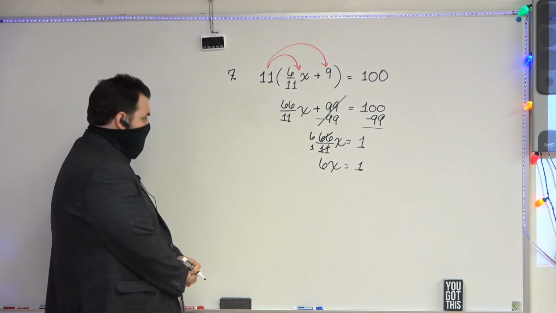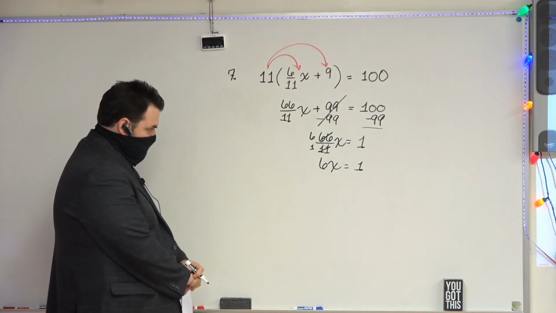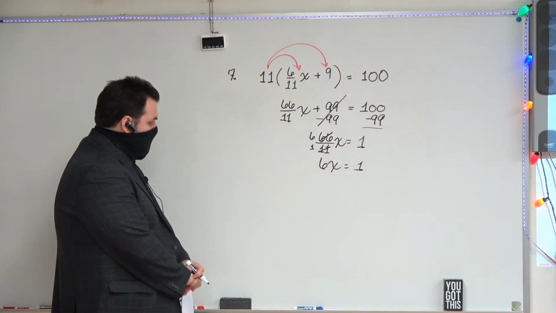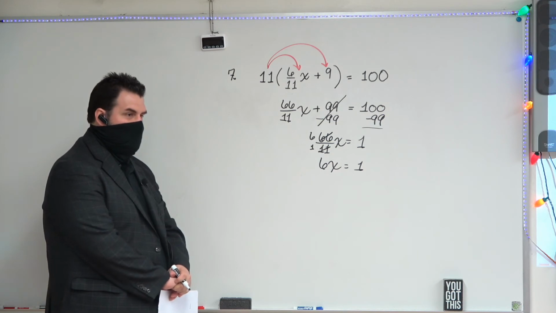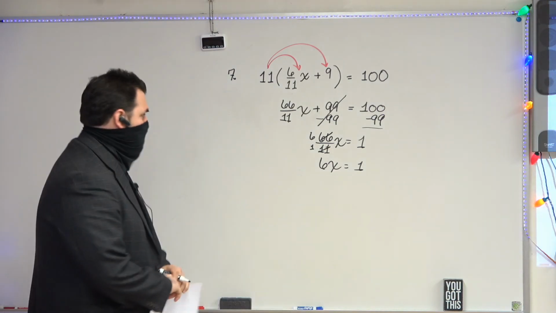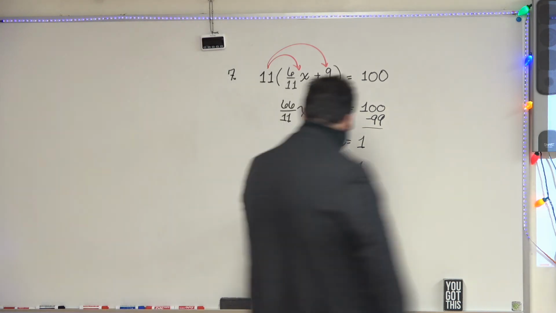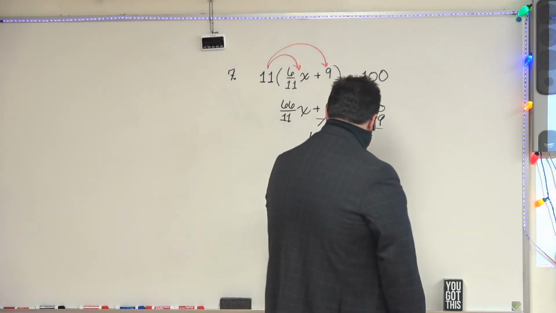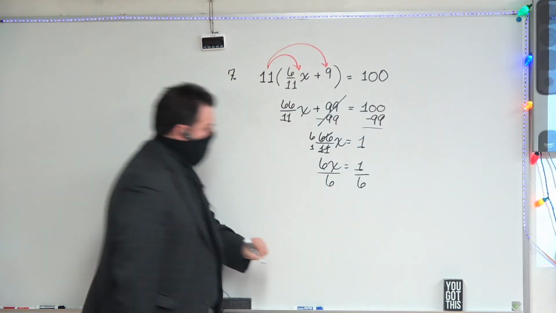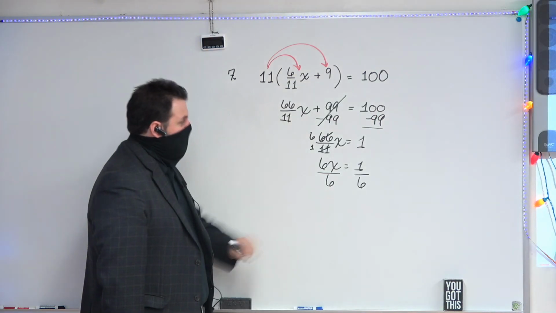Ahora que hacemos? Now we solve it. How do we solve it? Divide both sides by the x coefficient. What's the x coefficient? 6x. That was as flexible as I will ever be. You divide both sides.